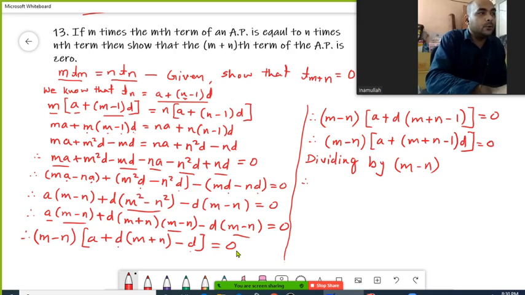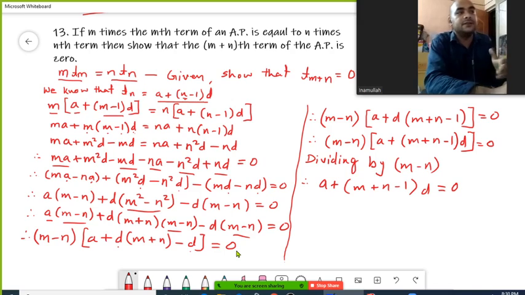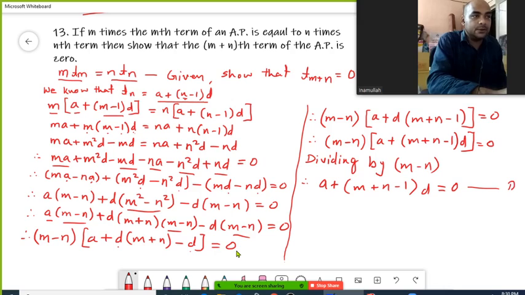You will get only a plus (m plus n minus 1) into d is equal to, on the other side, 0. When I divide this 0 by m minus n, I'll get 0 itself, because if you divide 0 by any number, the 0 will remain as 0. So this is your final expression as equation number 1 after dividing both sides by m minus n.